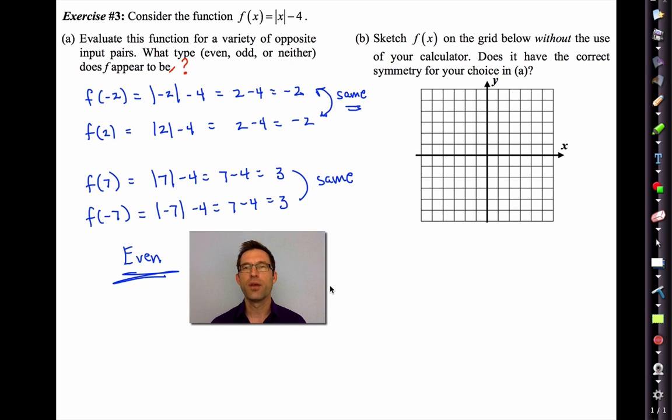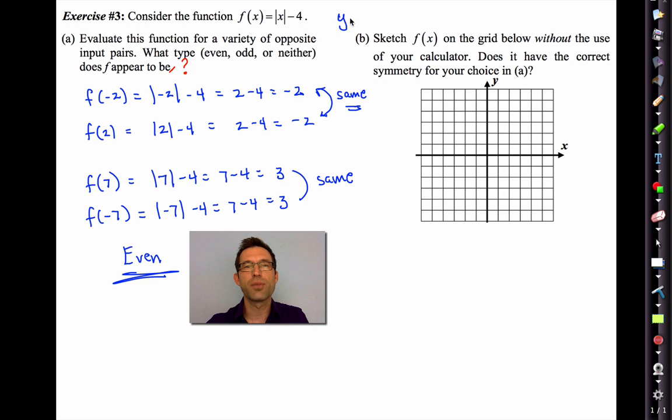Now, letter B says sketch f of x on the grid below without the use of your calculator. Does it have the correct symmetry for your choice in A? All right, we'll pause the video now and do a quick sketch of this function. You should be able to do a quick but very accurate sketch based on transformations. All right, well, we could generate a table of values, but we're not going to do that.